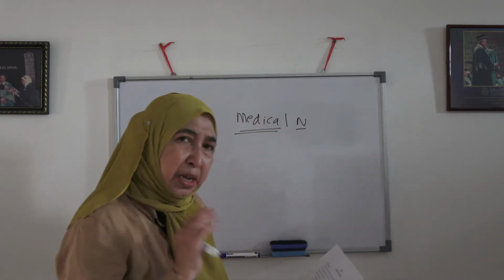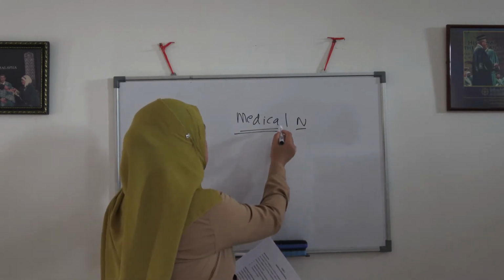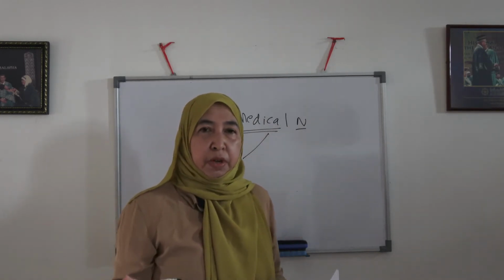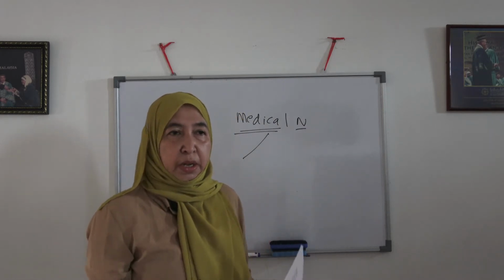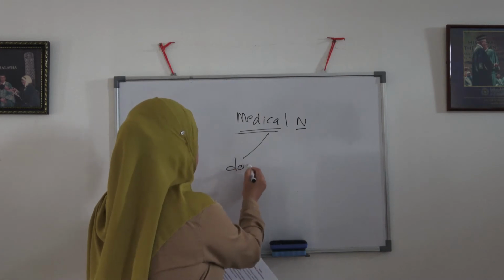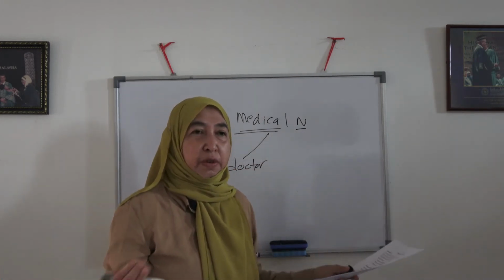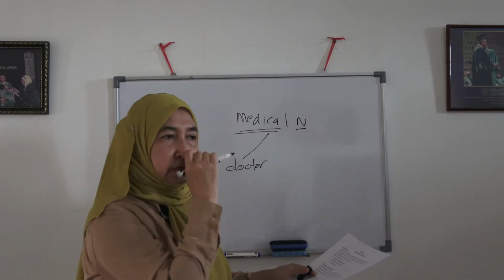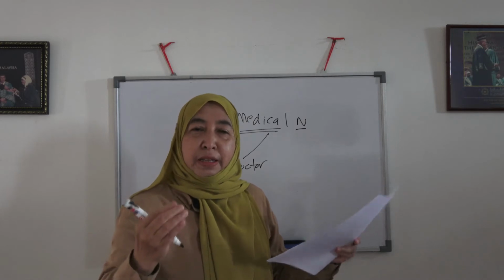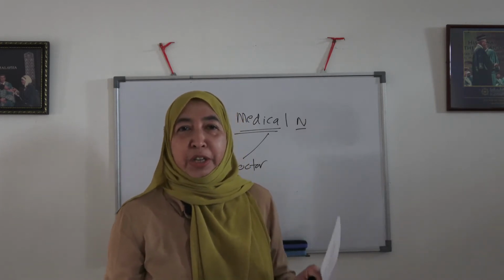Okay, medical negligence. What is medical negligence? In medical negligence, it is medical, so you have a person involved in the medical profession, or in the medical or health industry. For instance, we have a doctor. A doctor involved in the medical industry, if they commit negligence, we call it professional negligence.